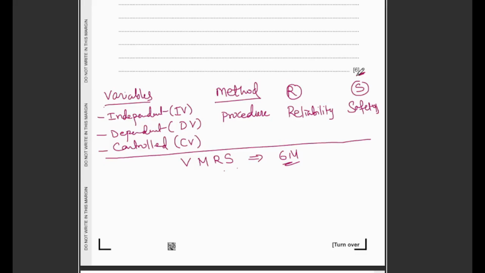Now, the next question is, how do you identify these variables? Which one is dependent and which one is independent? Okay, this also I'll explain here. Let's see. First one is independent variable. What is an independent variable? Independent variable is that variable which you need or you change. What you change is the independent variable. In this case, what is the independent variable? Can you tell me?